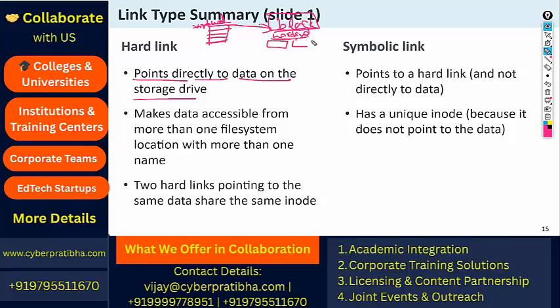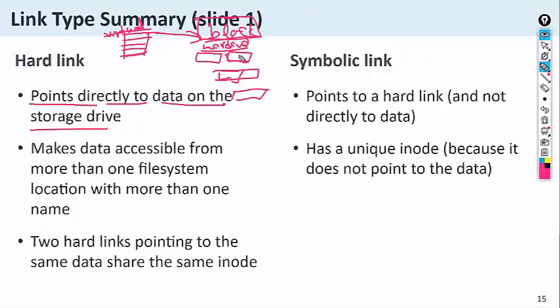This block, this block, this block, this block. Every time the data is not stored in sequence, data is stored in different blocks. So this file has the entry of the blocks.